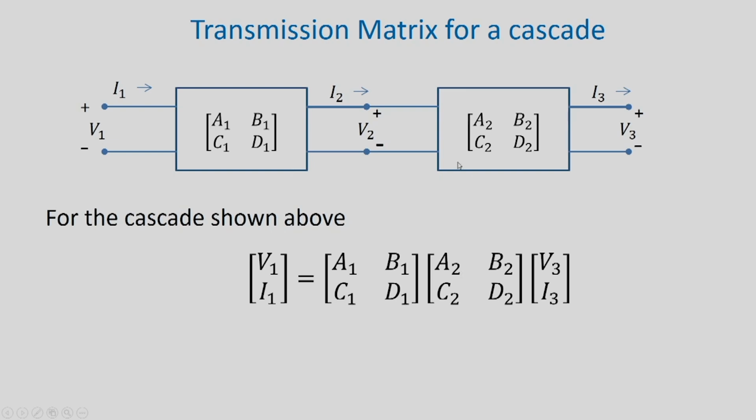So, this entire cascade can be represented as a single 2 port, and the voltages and currents at port 1 and port 2 will be related, and this resultant ABCD matrix can be found as the product of the ABCD matrices of the individual 2 ports.